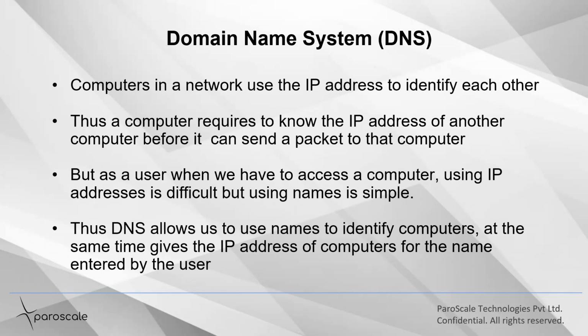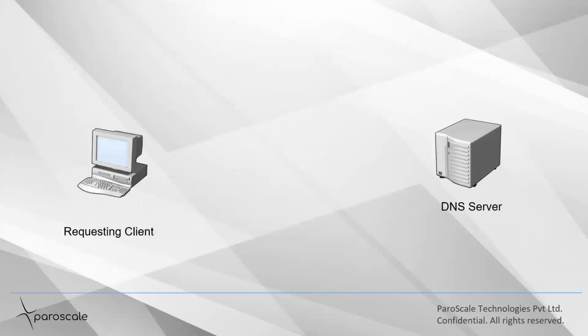So we access the computer by using its name or domain name. DNS allows us to use the name to identify a computer, and at the same time it gives us the IP address of the computer whose name was entered by the user. Then how does a DNS server work?